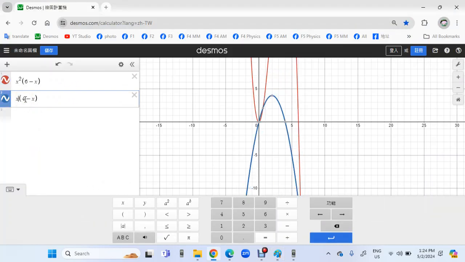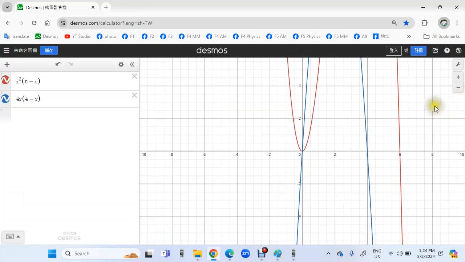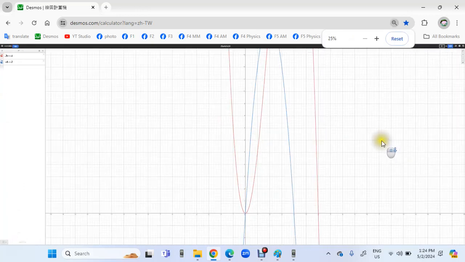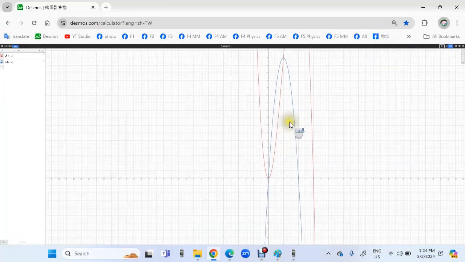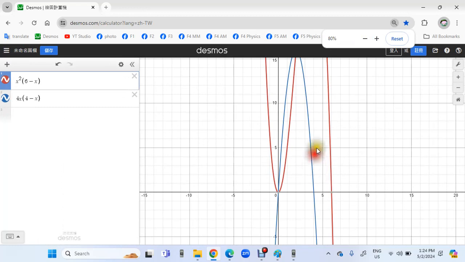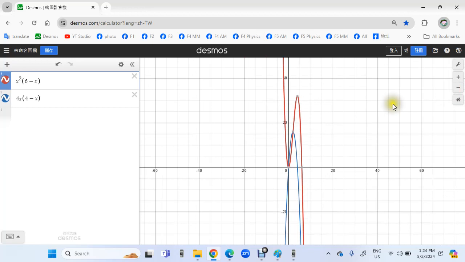This is how the graph looks like. So 0, 0 and 2, 16 are the intersection points between these two graphs. So the graph will look like this.